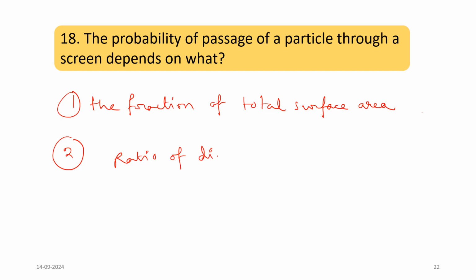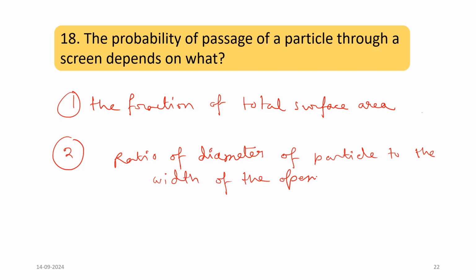Second one is the ratio of diameter of particle to the width of the opening.